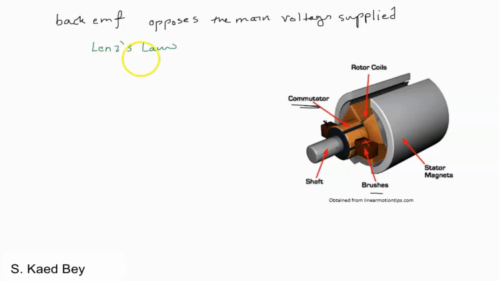So remember that the back EMF polarity is always in the opposite direction of the energized voltage. In this case, our energized voltage is the supplied voltage at the brushes.